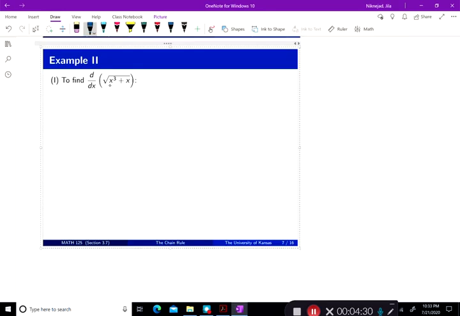In here I see that the square root of u is the outside function, and then I see u equal to x cubed plus x can make the inside function, right? And so g of x equal to x to the power 3 plus x is the inside function.